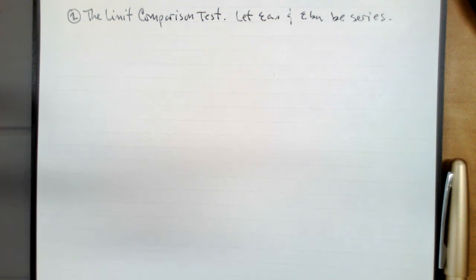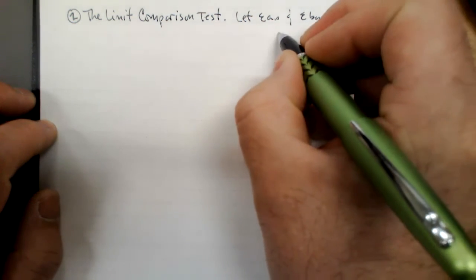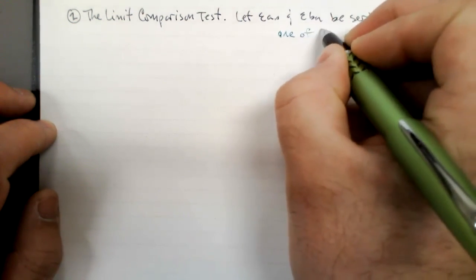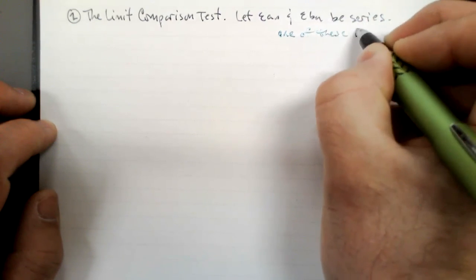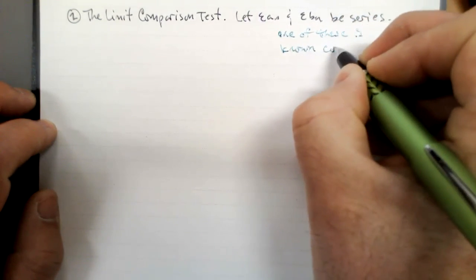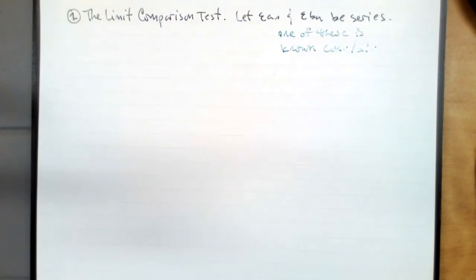One of these we know converges or diverges. Convergent or divergent, one of them we have to know what it does.